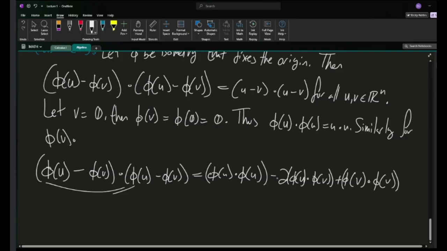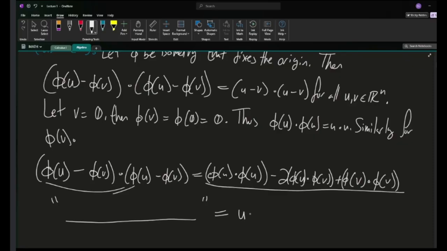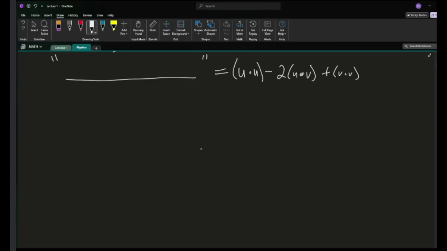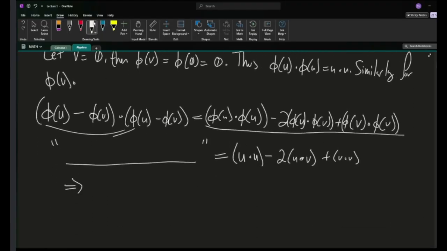which implies, take this underlined portion, and that's exactly the same as saying u dot u minus 2 u dot v plus v dot v, which implies that we could take out these products here.